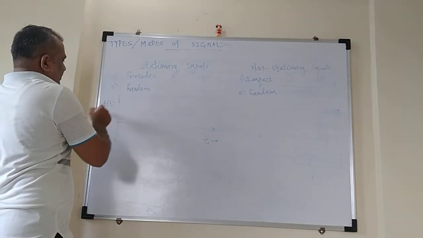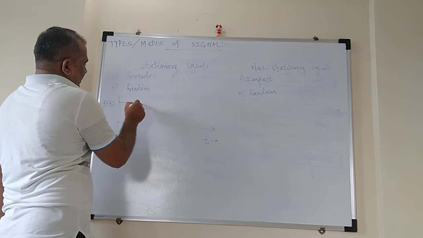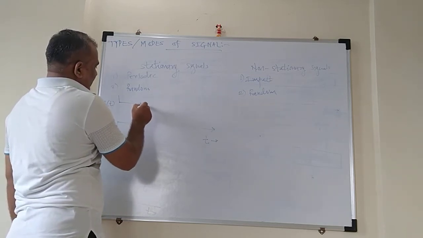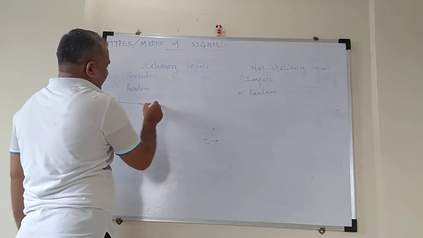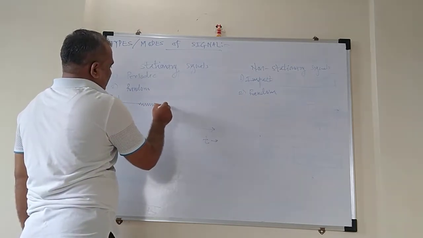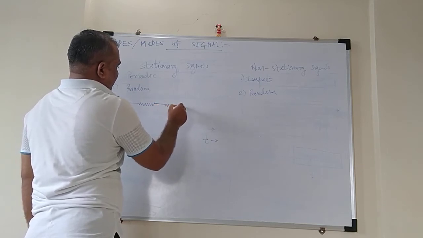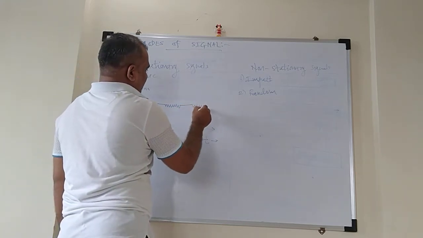And let us draw a signal. Let us say your signal is in this way. It is showing a steadiness for a particular time, and after that the function shows a variation, and again it goes to a steady state and shows some variation. Again it goes to a steady state and gives you a variation.